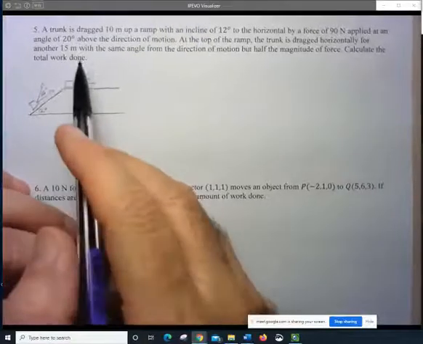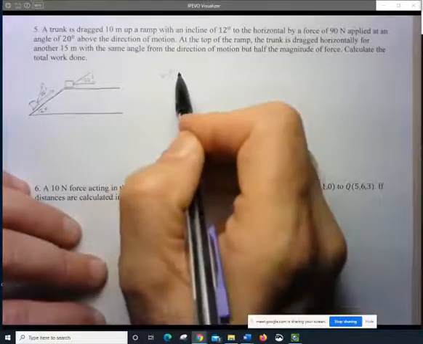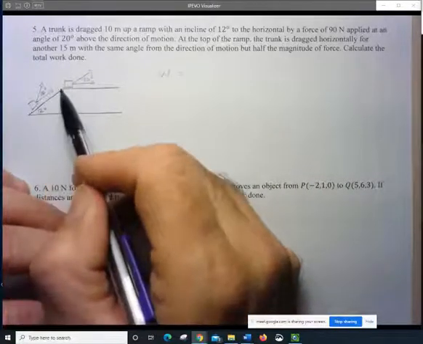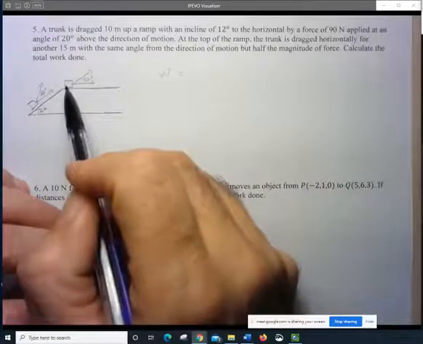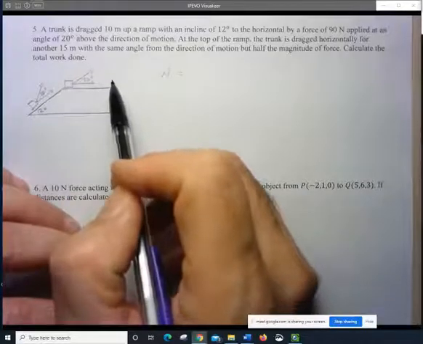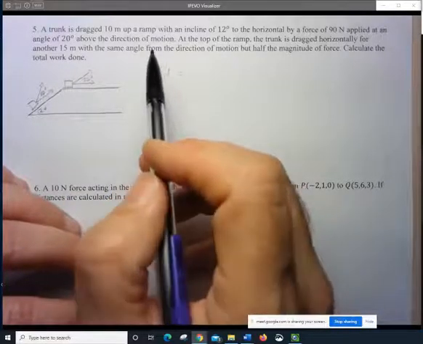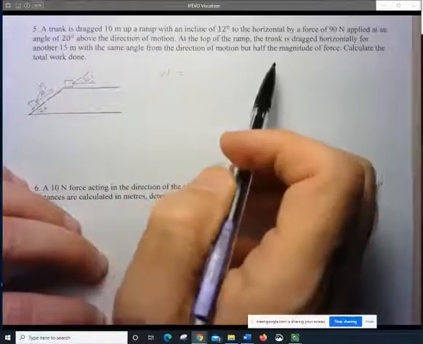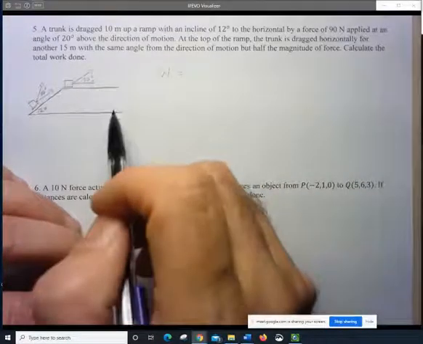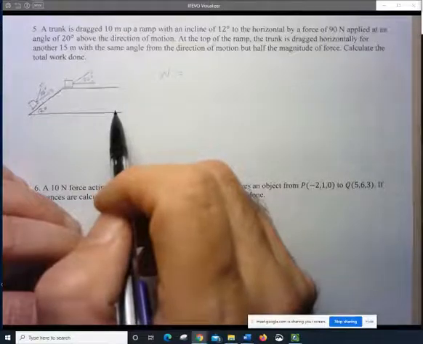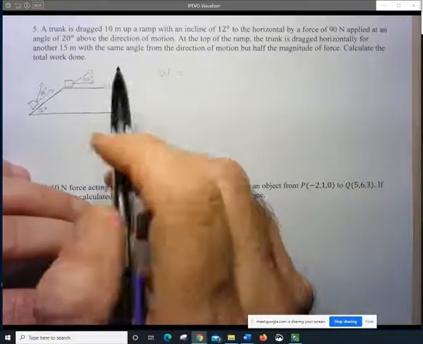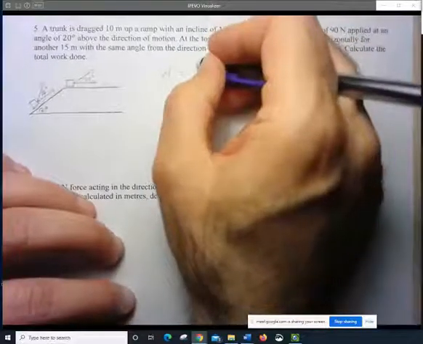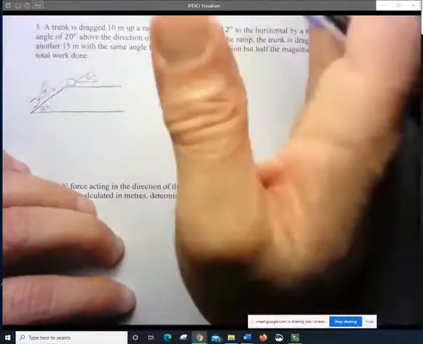So here they want the total work done. So what I think is best to do is to split it up into the work done going up the ramp and the work done going along the edge, because we don't have exactly the same force in both cases. There's only half the magnitude being applied when you get to the top of the ramp. So let's write it out using the formula.